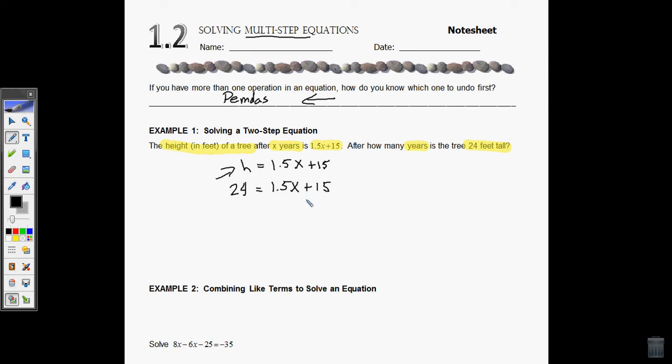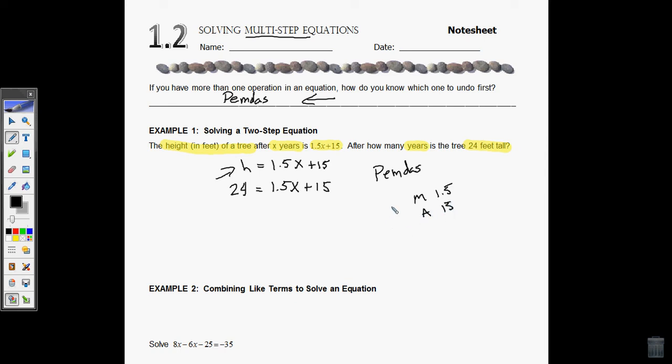So over here, I have some multiplication going on, and I have some addition going on. Now, what do I need to figure out? I need to figure out which one to do first, and so I'm going to go into this idea. I have some things that are happening to the variable. The variable is being multiplied by 1.5, and then added to 15.